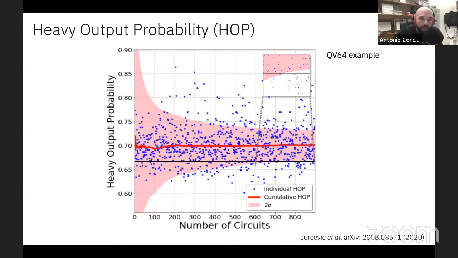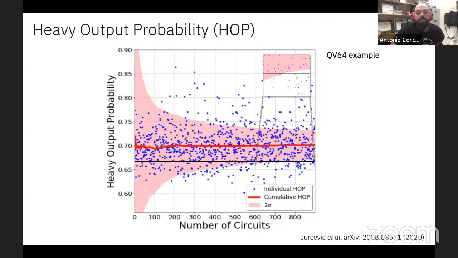We are always around 0.7, but the 2 sigma interval, which is this pink shadow, is not beating the threshold until we get to about, in the inset here, about 750 circuits, more or less. At 750, we can claim that we have had heavy output. This was 64, so therefore it was 6 qubits. So we got quantum volume 64.